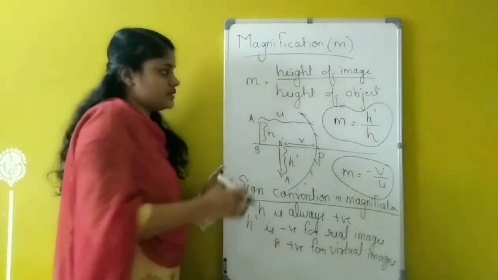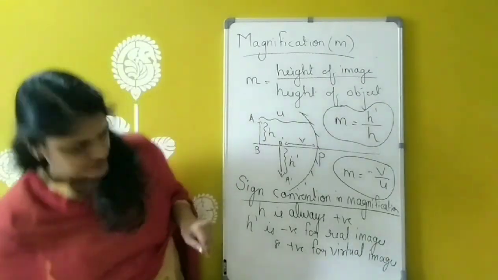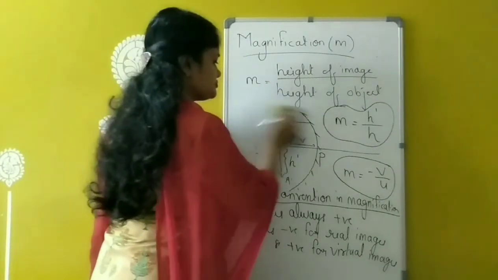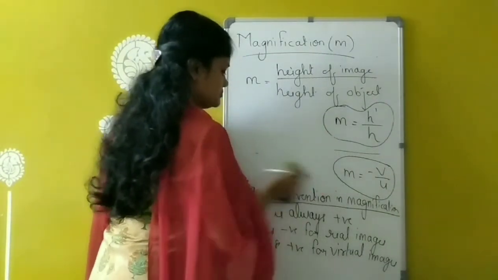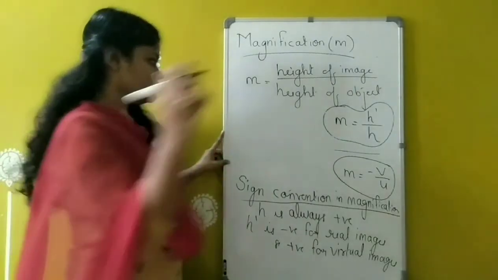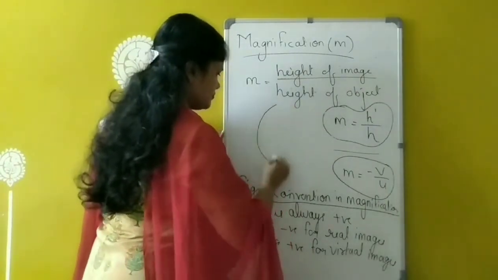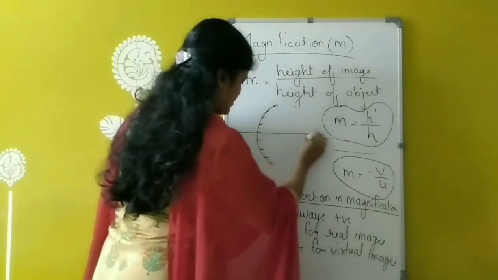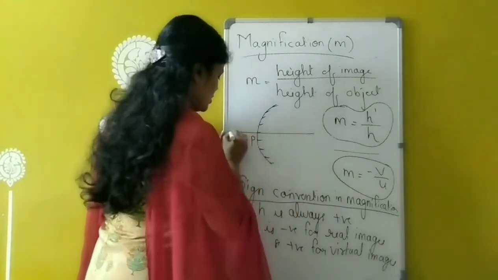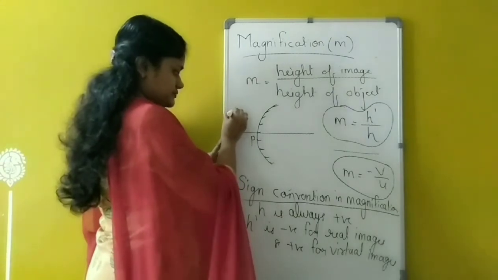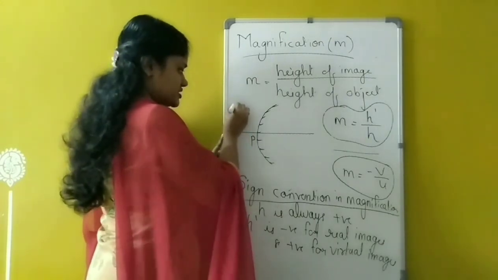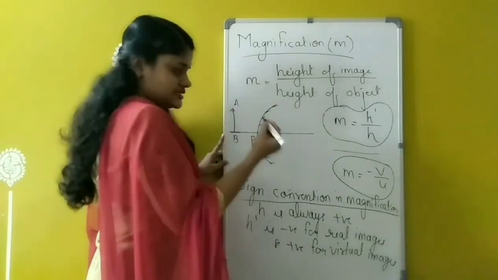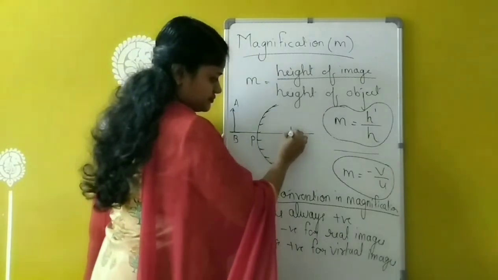Virtual images. Suppose I am taking a convex mirror. The pole and object we are keeping here. So this is the object AB, and suppose we are getting the image here.